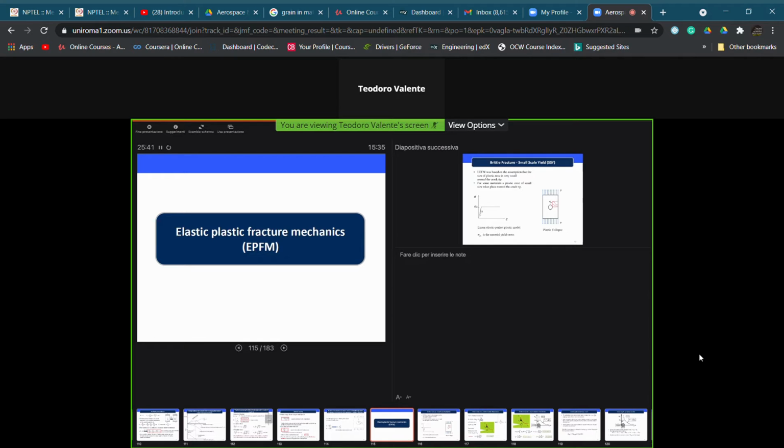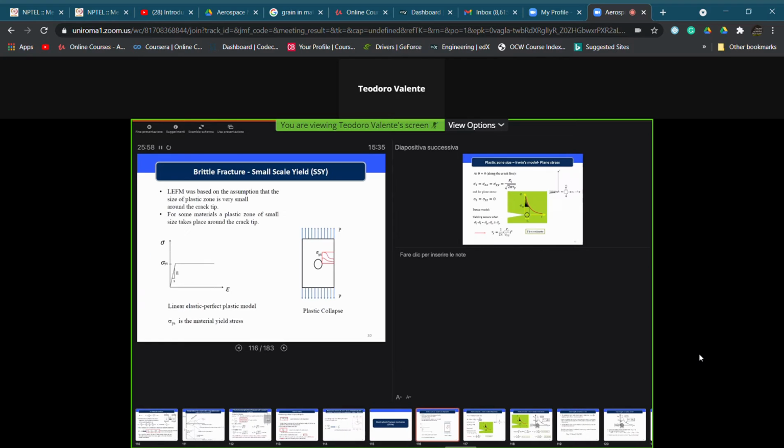And how these modifications are treated in order to have a final formulation which is very similar to those of linear elastic fracture mechanics, but including also plasticity effects at the crack tip.